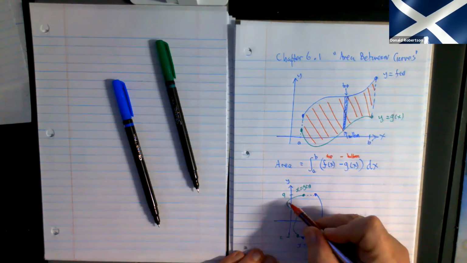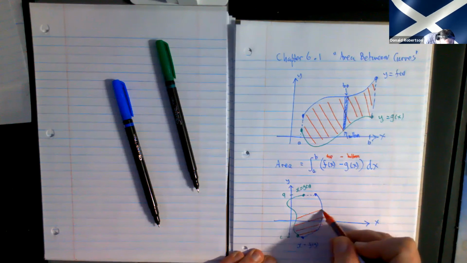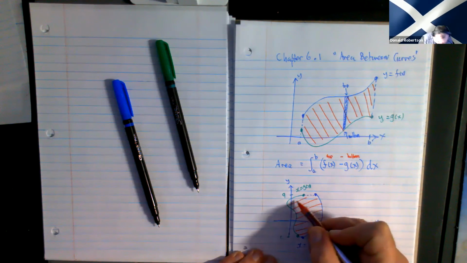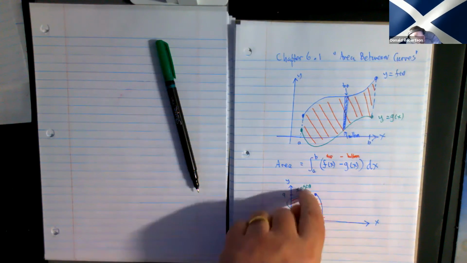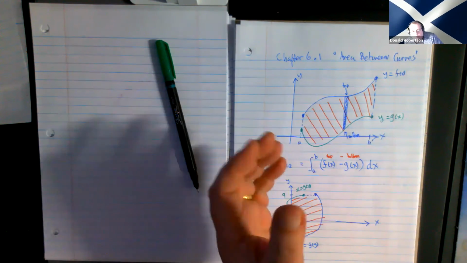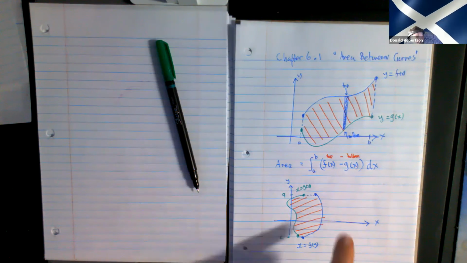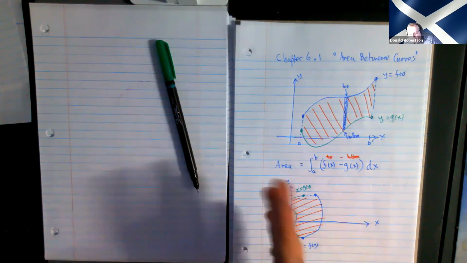And we're still finding the area between the curves. But the difference is that these curves are not y equals x cubed and y equals x squared. These curves are oriented in terms of the y variable and the y-axis.